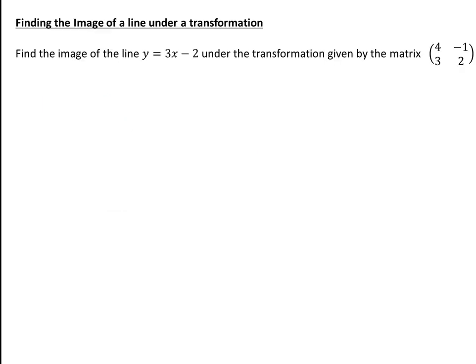Now our next task is to find a way of finding the image of a line under a matrix transformation. So, as an example, if we wish to find the image of the line y = 3x - 2 under the transformation given by the matrix (4, -1; 3, 2), what we need to do is start by getting a typical point on the line y = 3x - 2.